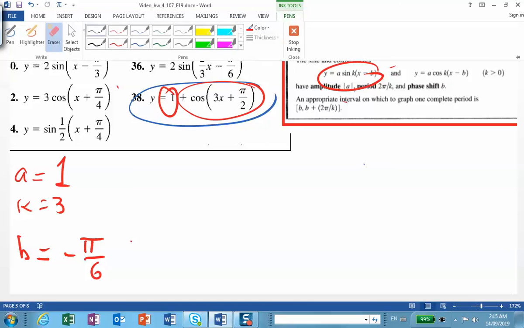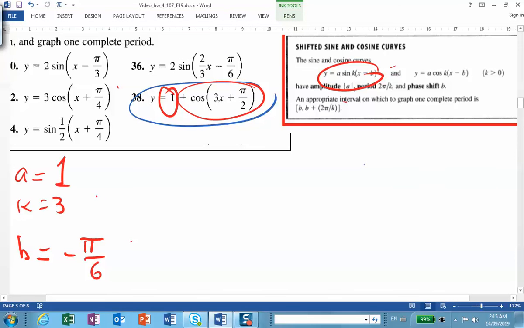Period is equal to 2 pi over 3. Okay? Incidentally, 2 pi over 3 means for your information, it is 4 times pi over 6. This is going to help us to actually find out where the start and end points are.